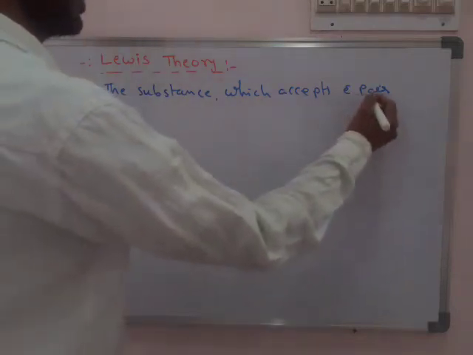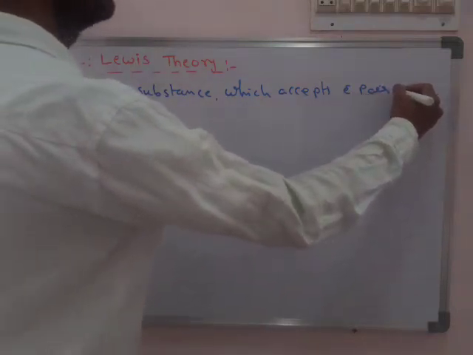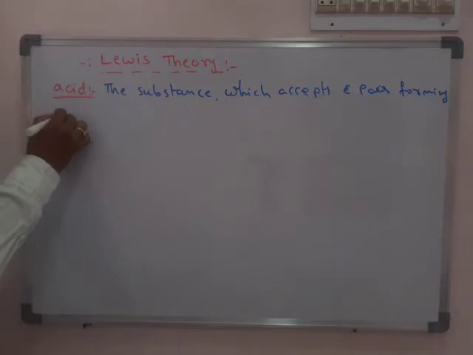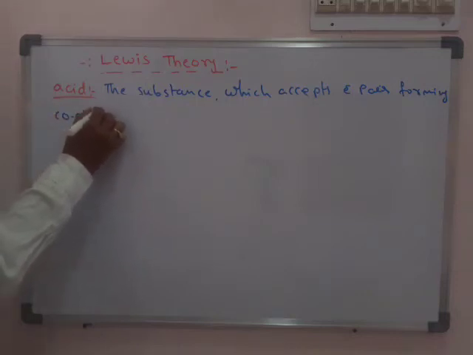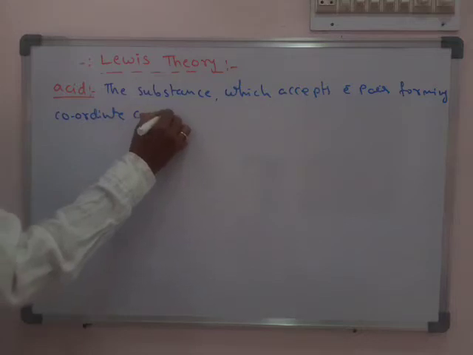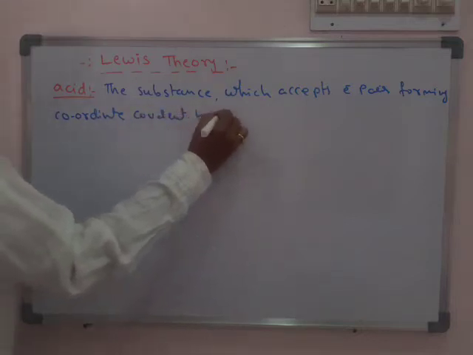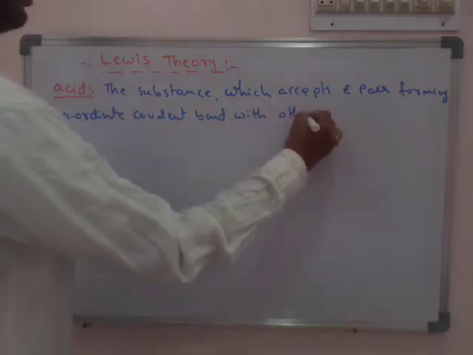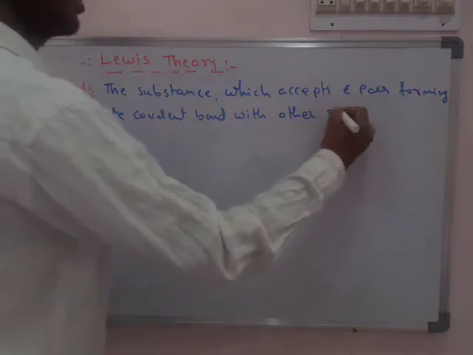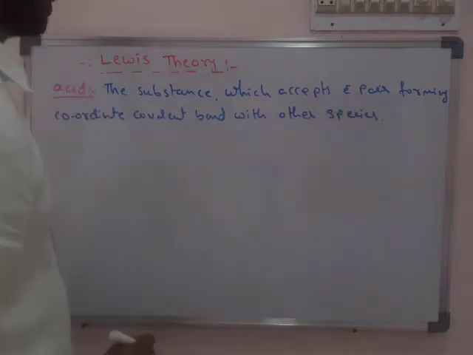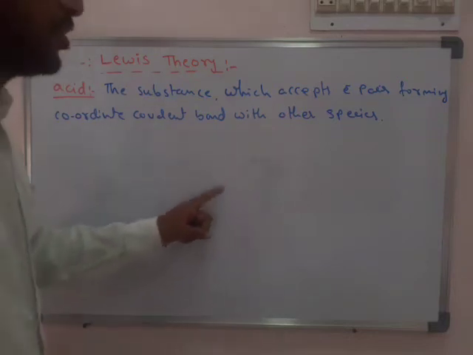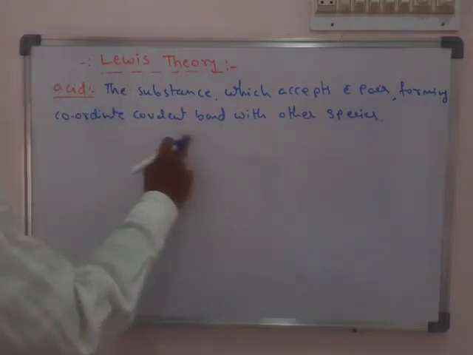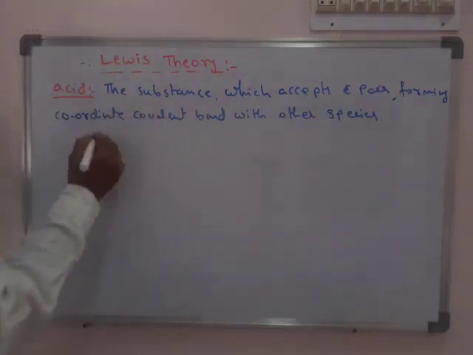The substance which can accept an electron pair, forming a coordinate covalent bond with other species, is called an acid.